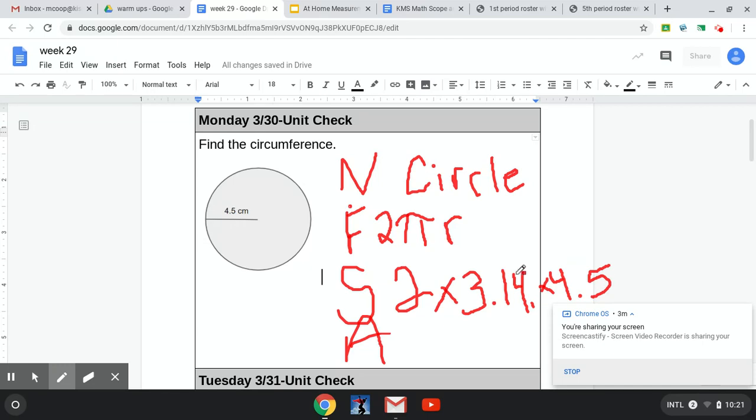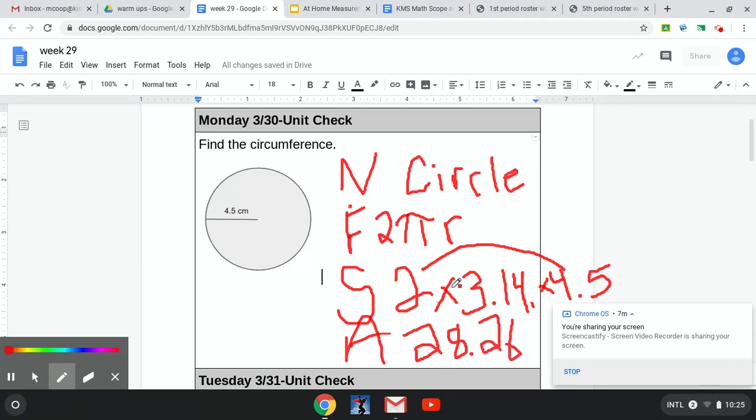Remember, it does not matter what order I do these in, so I would probably do this first, and 2 times 4.5 is 9, and then I would have to do 3.14 times 9, and my answer would be 28.26. If you have any questions over that one, how I got anything before the video, then just let me know.